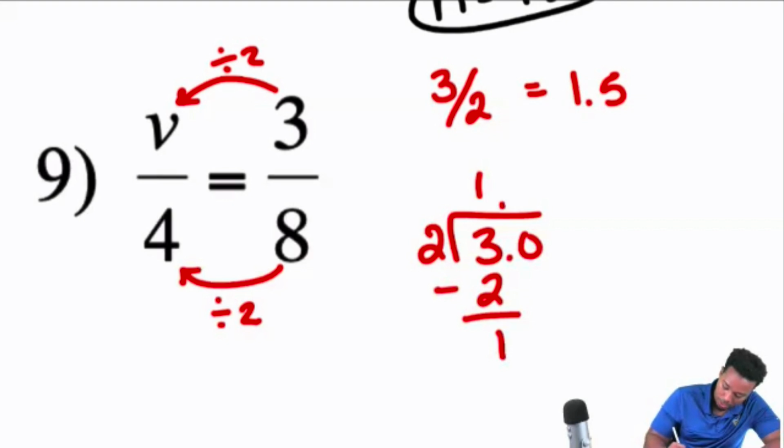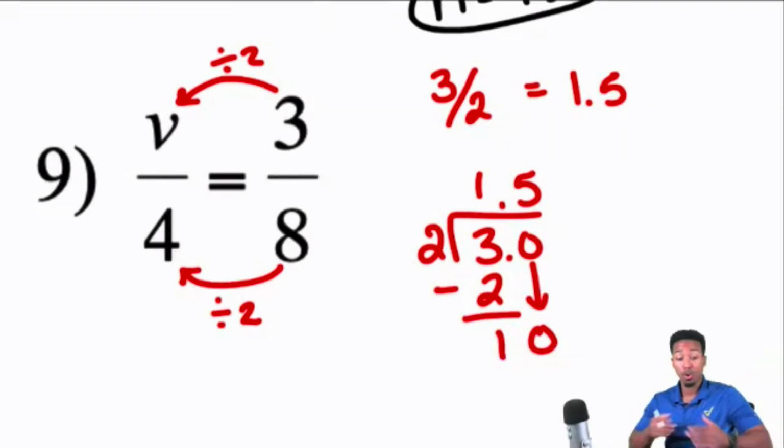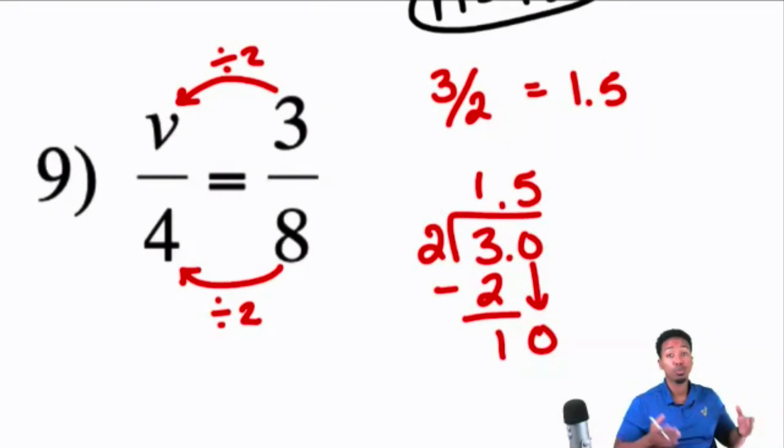And then you bring the decimal down. 2 goes into 10 5 times. That'll work out just like that. You could have cross multiplied and divided. You still would have gotten 1.5, any way that you would have done it. So that would be the answer there. Marquette, go ahead.